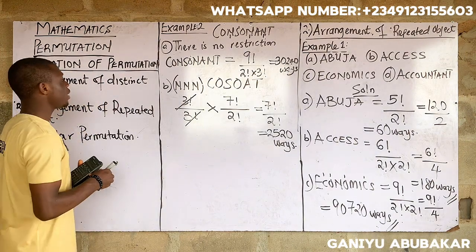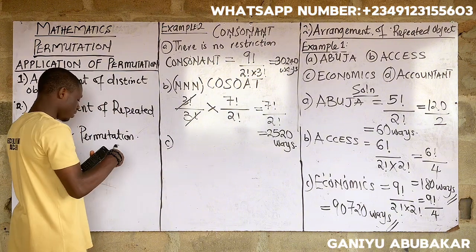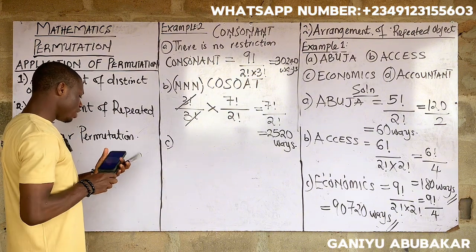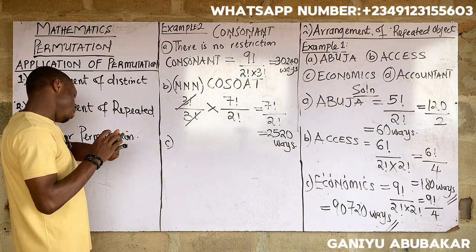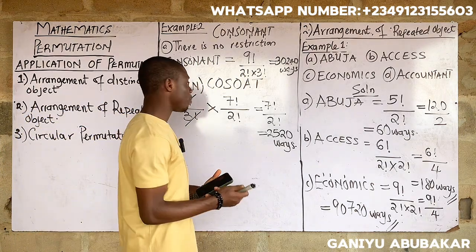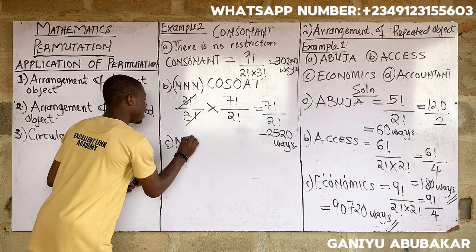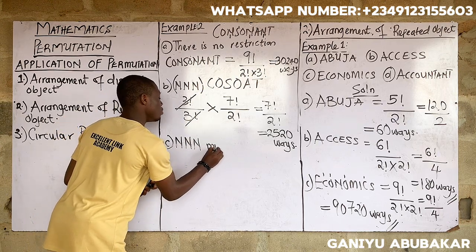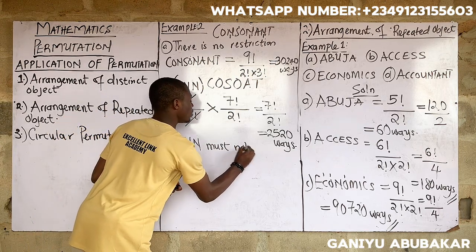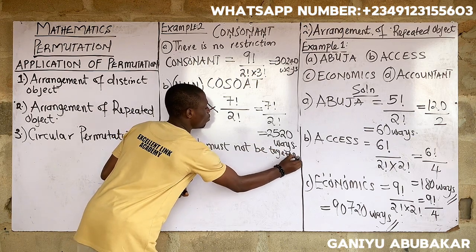All right, that is A and B. Question C says that N must not be together. Listen up, please. Because it says N must not be together, what's the task?